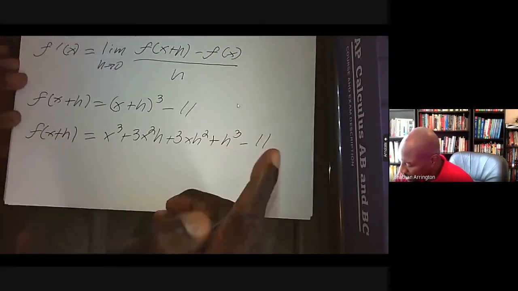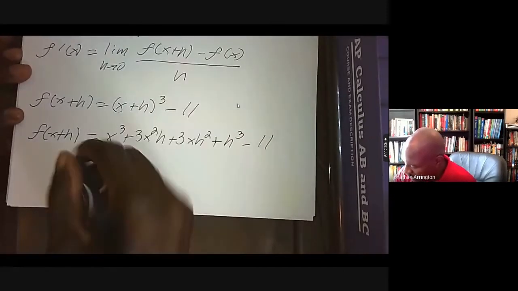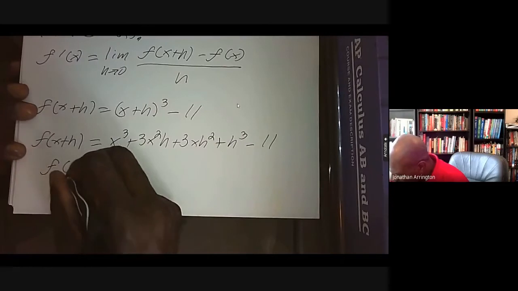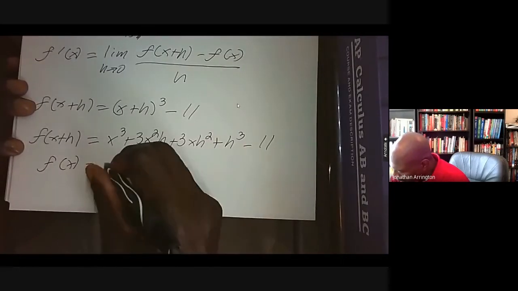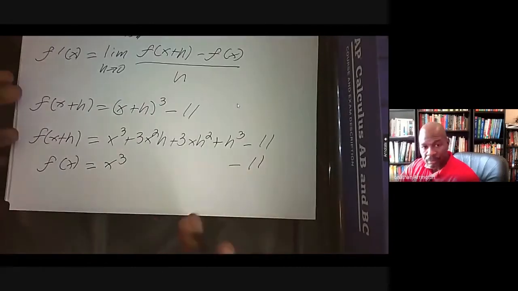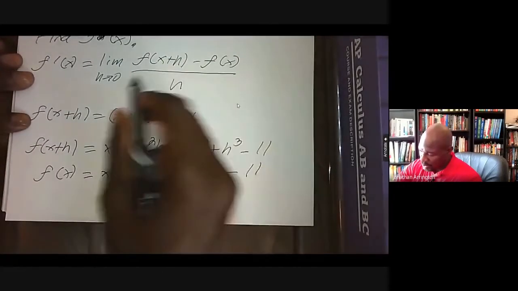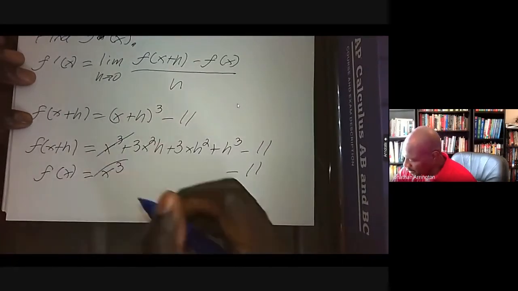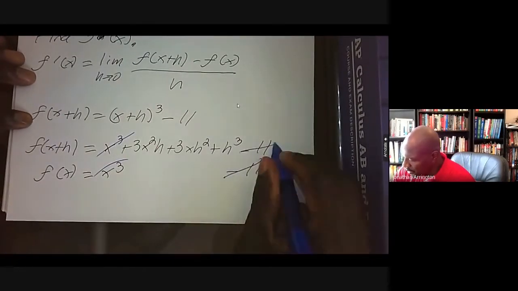And again, we want to do f of x plus h minus f of x. Let me do it here vertically. f of x is x cubed minus 11. If I do this difference, these are going to cancel and those are going to cancel.